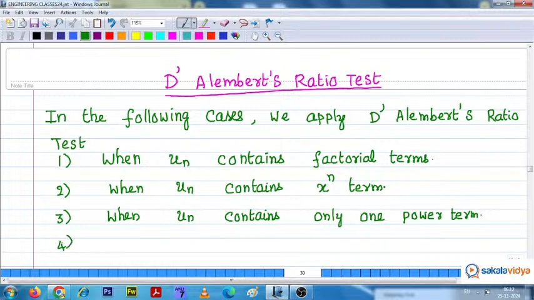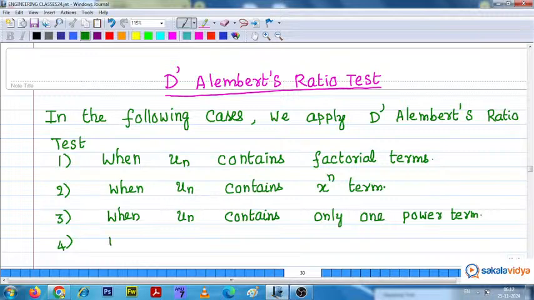Next, the fourth case that you need to remember: sometimes the nth term consists of an infinite number of terms. That means the nth term may be a numerator by denominator, where the numerator and denominator both consist of products of infinite numbers.